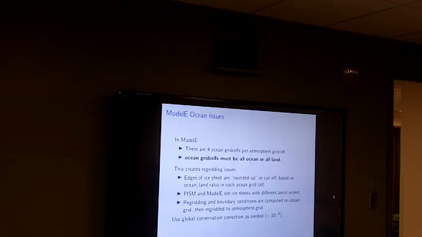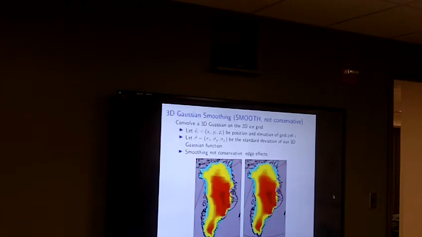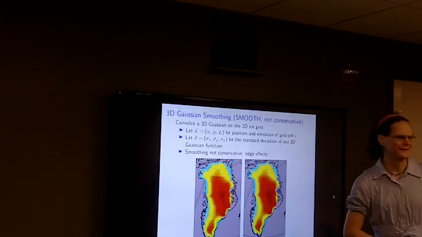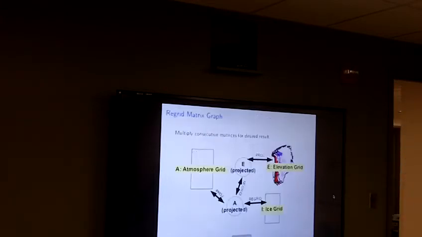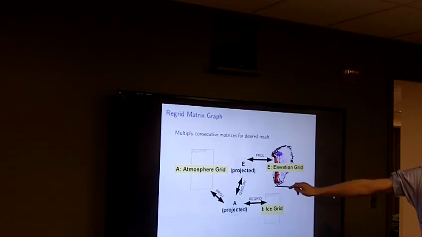Sorry, just because the comment is there, you indicated before that that process is not necessarily conservative. Oh yes, it's not conservative. Yeah, so I went to all this work to figure out how to make all these regridding matrices conservative. That is correct. The prior art on just this problem was very not conservative, like off by a couple percent.